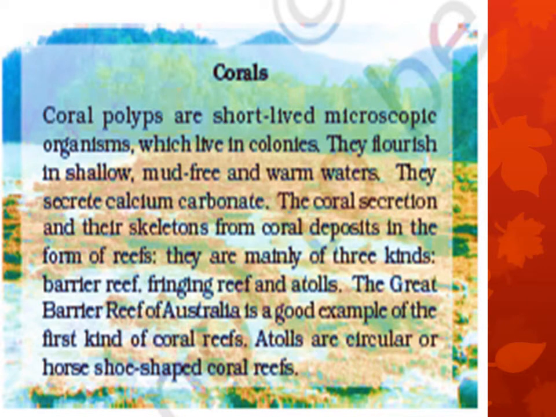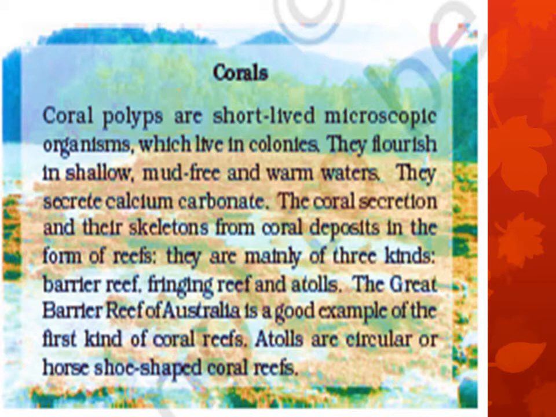Now what are corals? Coral polyps are short-lived microscopic organisms and they live in colonies. They flourish in shallow, mud-free and warm waters, and they secrete calcium carbonate. The coral secretion and their skeleton form coral deposits in the form of reefs.